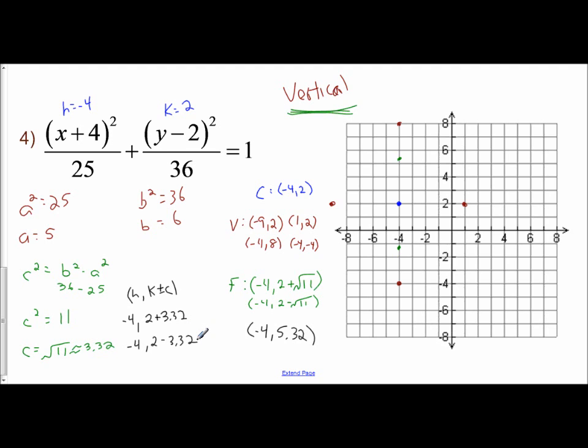And so when you do that, you get negative 1.32. So negative 4 comma negative 1.32. And you see that is close to where I already marked my foci. So let's connect it with our ellipse.